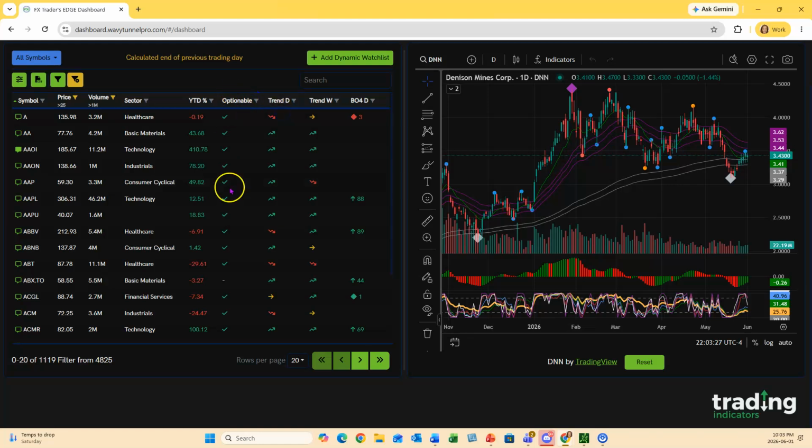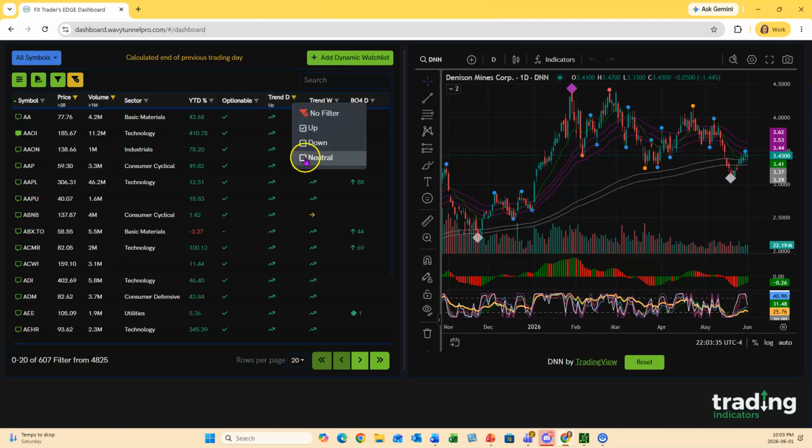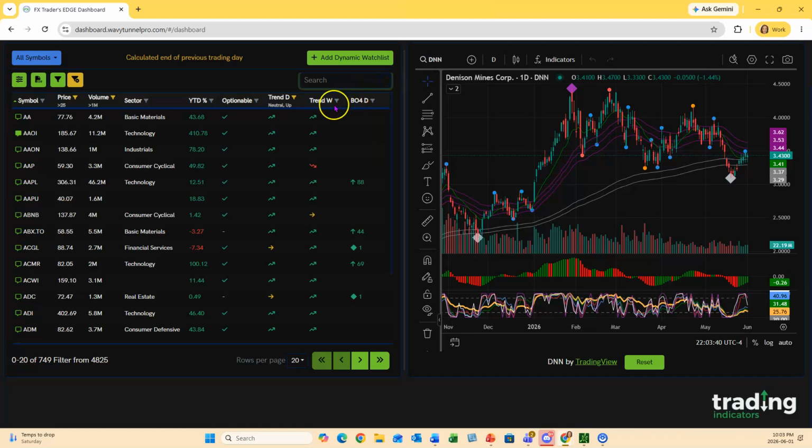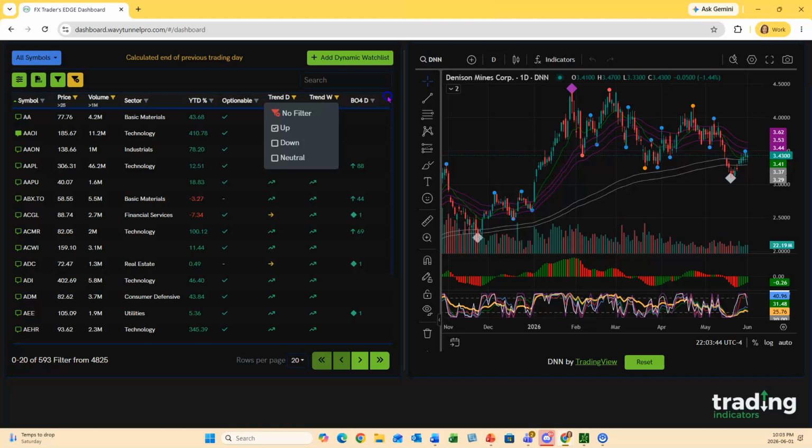So why don't we just leave optionable unchecked? We want the daily trend to be up or neutral, and I'll explain that in a minute. We want the weekly trend to be up for sure.